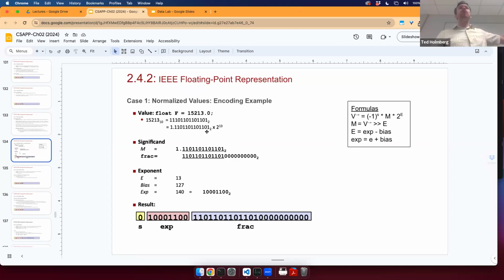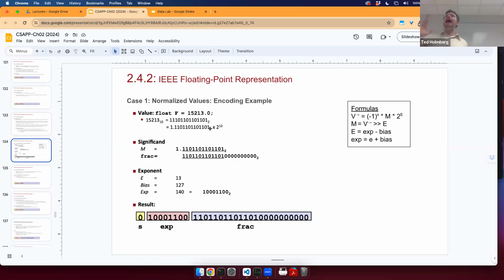So the equivalent representation is to use my binary point, 1 point, and then I can define all of these values and multiply it by 2 to the power of 13, right? Does everyone see that this topmost formula is a way of re-expressing this binary sequence to be equivalent to this formula now?